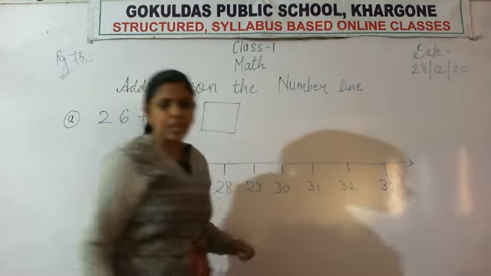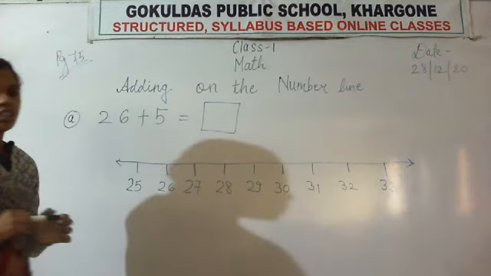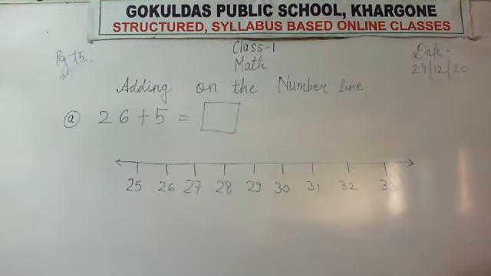I have written the number line till 33. First make the number line fast. Make the number line and write numbers from 25 to 33 on that number line. Fast.